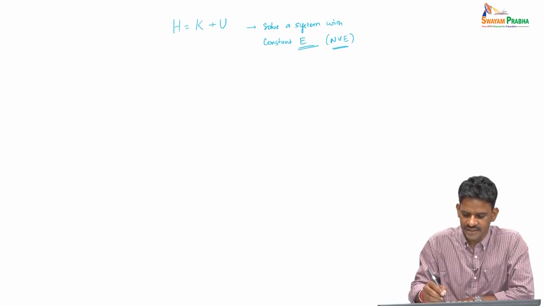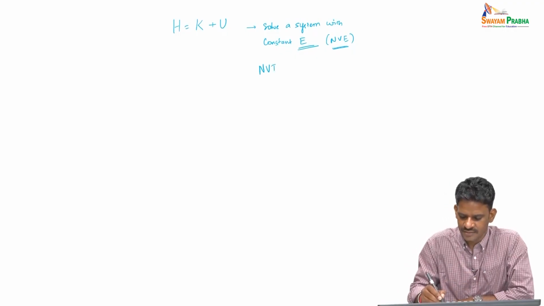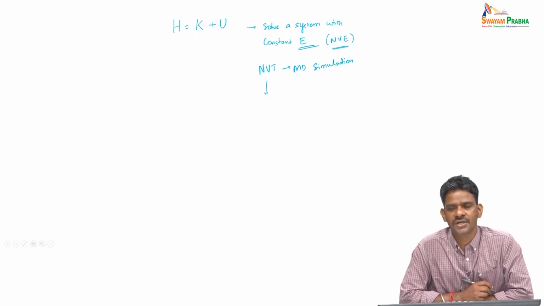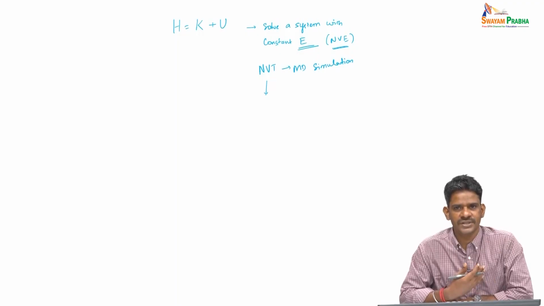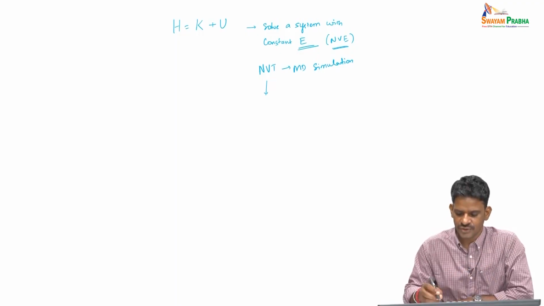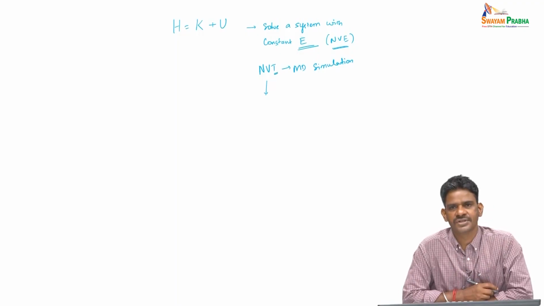So then we decided to do NVT MD simulations. In this case, we looked at several strategies to fix the temperature. One approach is to rescale the velocities at every time step so as to keep the temperature fixed at a particular value. That is called a constraint method, which refers to a constant kinetic energy simulation rather than a constant temperature simulation.